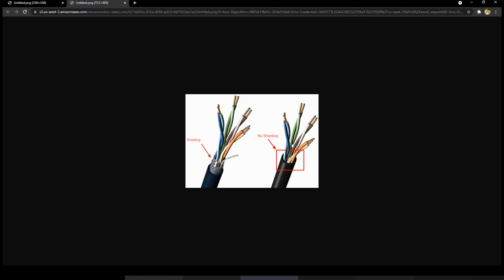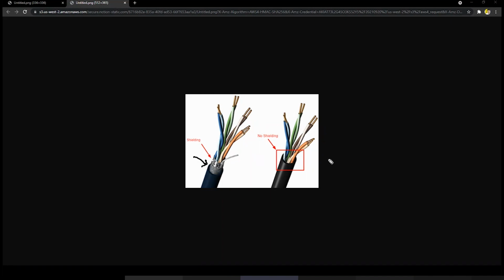Under copper cables there are again two categories, which are shielded and unshielded. As you see there is a shielding here, and you can see a shield is there which is protecting the wires.